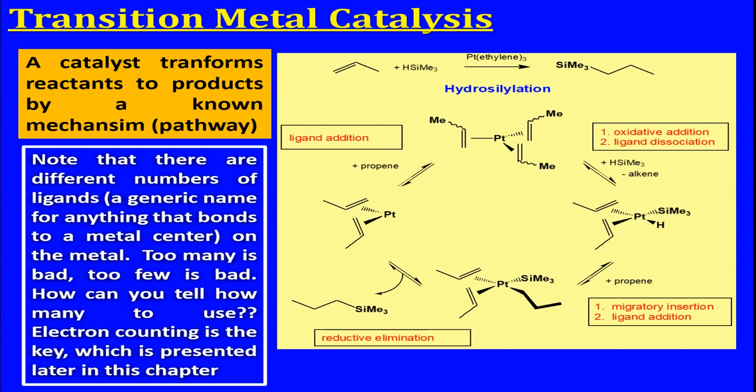So 18 electron complexes, which are saturated complexes, in general cannot act as catalysts. They have to lose a ligand to become 16 electrons, which is unsaturated, then it can act as a catalyst.